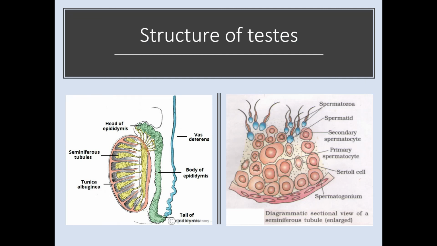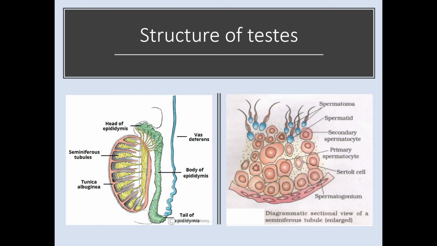These are the structures of the testes. As we see, the internal structure of the testes, or LS of the testes, includes the head of the epididymis. The epididymis shows in the green color the head of the epididymis and the tail of the epididymis.